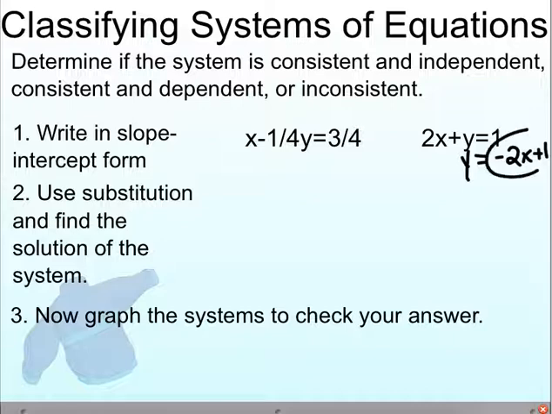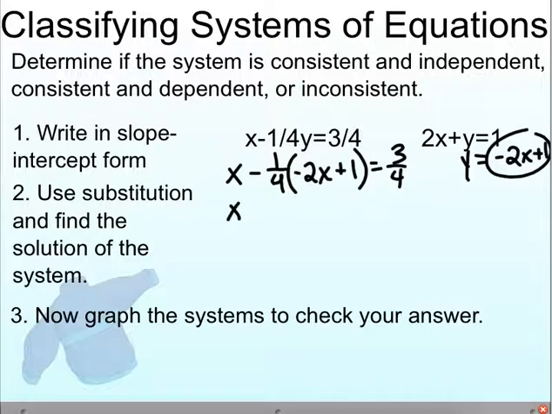And I'm going to plug that information into the other equation where I see y. So I'm going to get x minus 1/4 times -2x plus 1. And that equals 3/4. I'm going to expand and get x plus 1/2 x minus 1/4 is equal to 3/4.